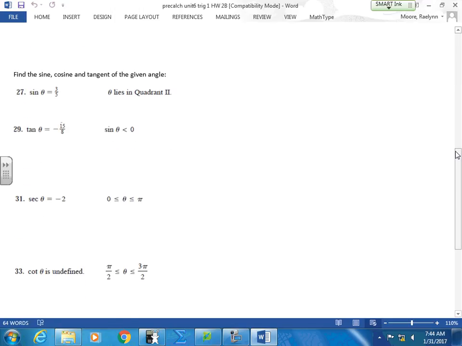Okay, let's pick this one. Tangent is negative. Okay. And my sine is negative. Where is my sine? My sine is my y.